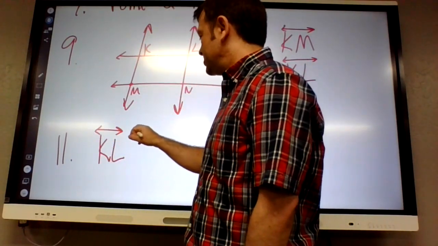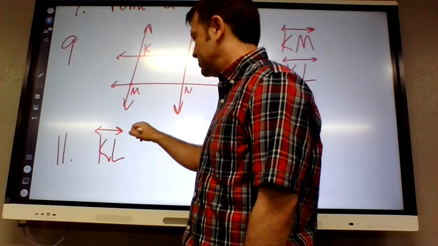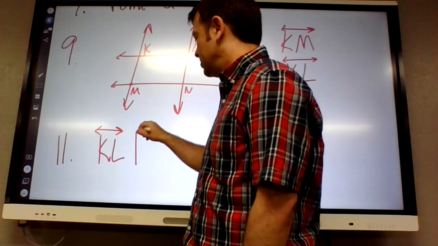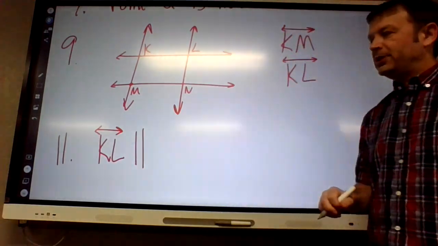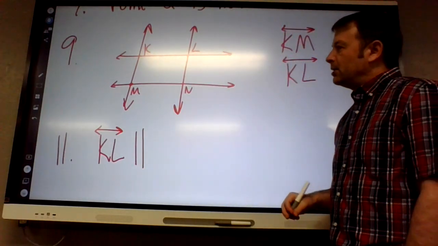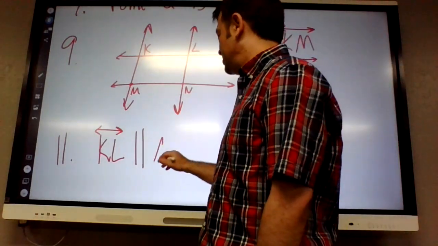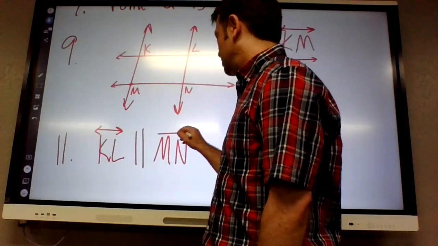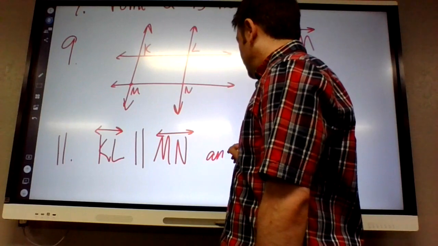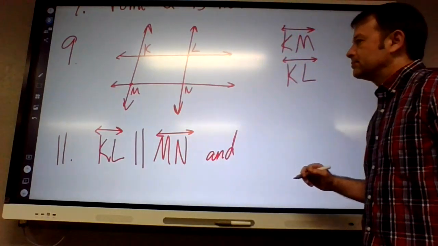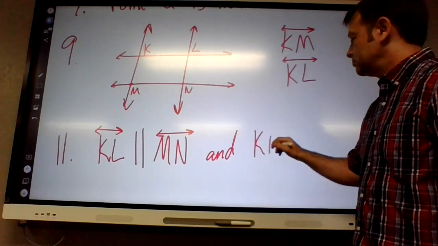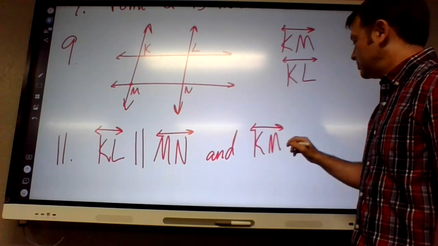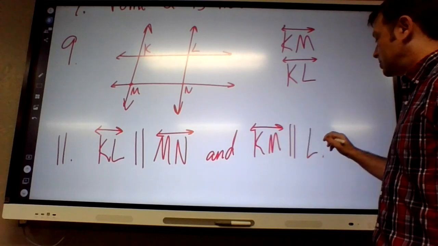You guys remember the parallel symbol? It's just like a really thin 11. Line KL is parallel to MN. And KM is parallel to LN.